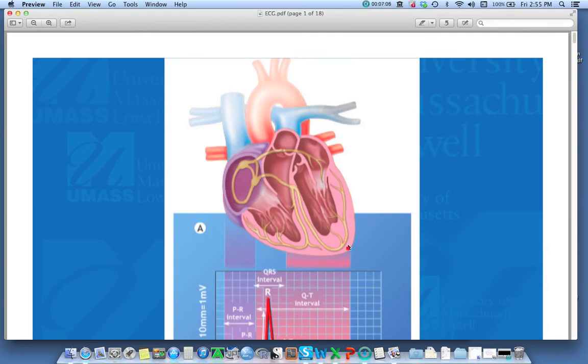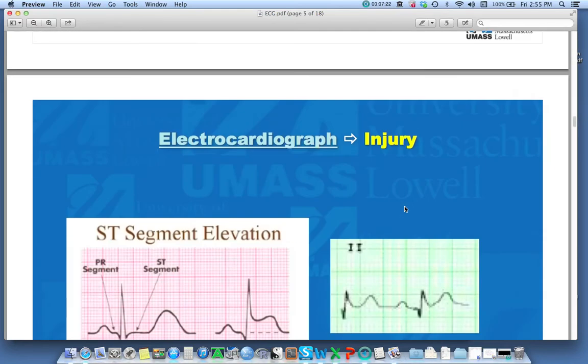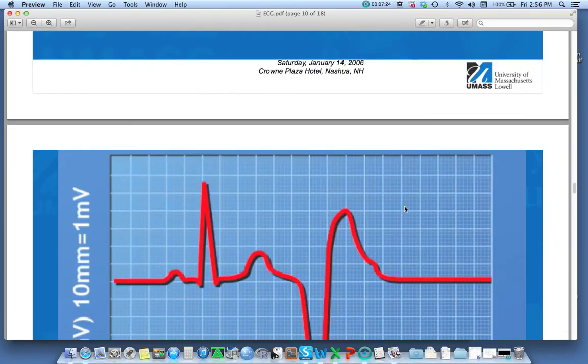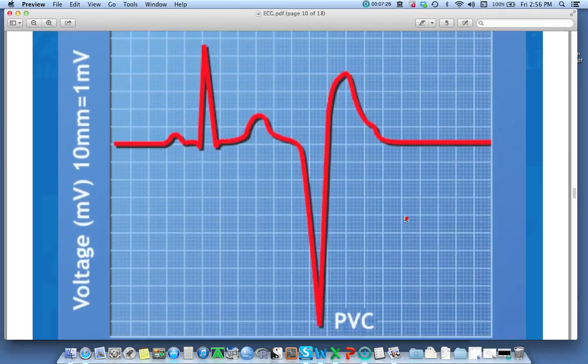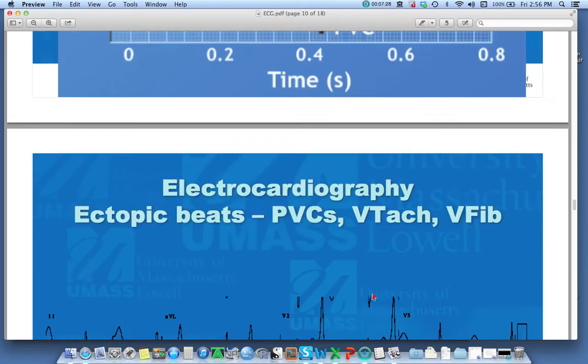They spread through the ventricle using another route, just through muscle fibers, rather than through these yellow conduction fibers. And it takes longer for them to travel, and it travels in awkward directions, and it leads to that large, abnormal looking premature ventricular contraction.